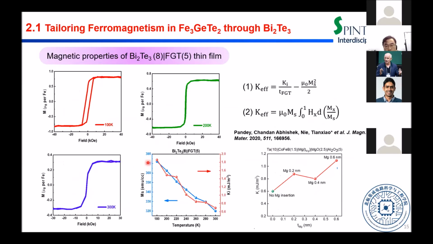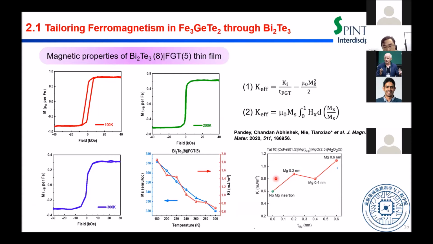Also, we give a calculation for the interfacial PMA. We can see the PMA is around 0.6. Compared to our recent work on cobalt boron, it's close to the worst case in the cobalt boron. We know the PMA is very important for the MTJ.